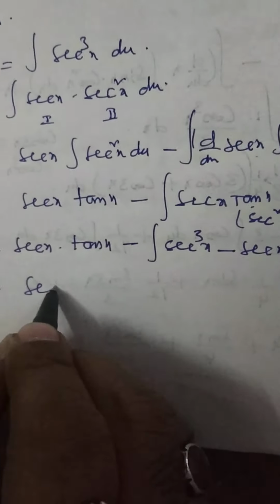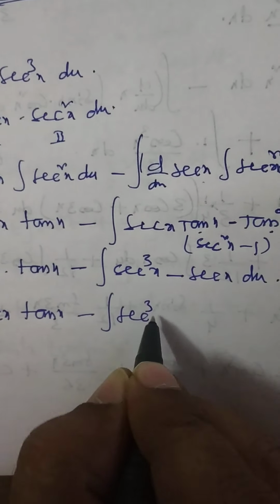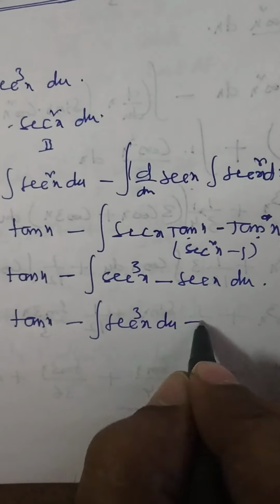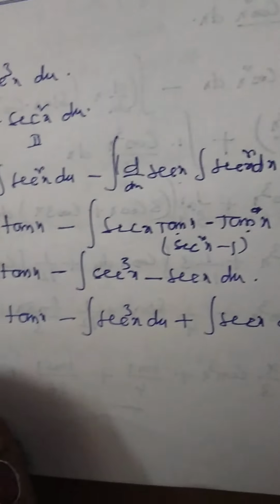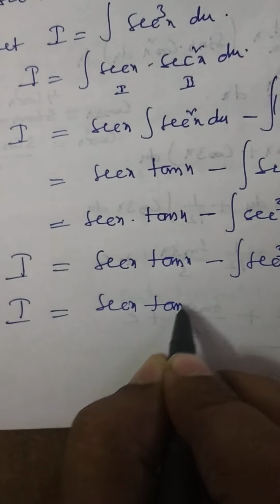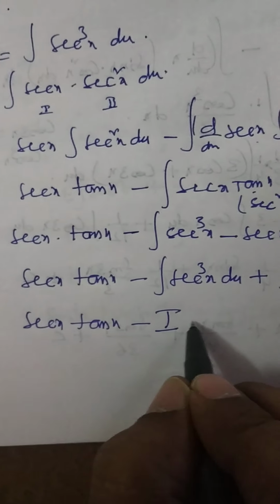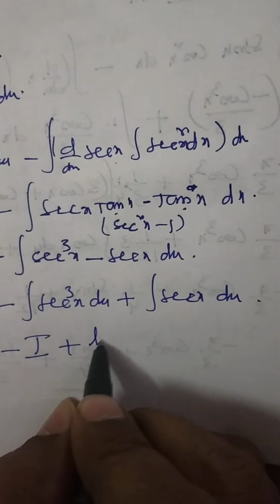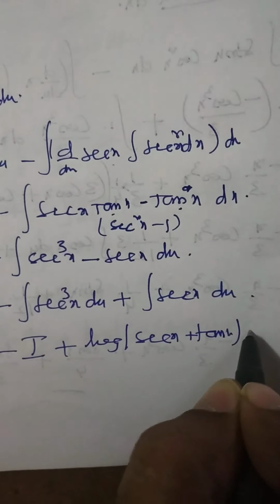Now on separating, secant x into tan x minus integration of secant cube x dx, minus of minus plus integration of secant x dx. Once you observe, so I is equal to secant x into tan x minus, what is this, again I. So minus I plus integration of secant x is log of secant x plus tan x only plus c.